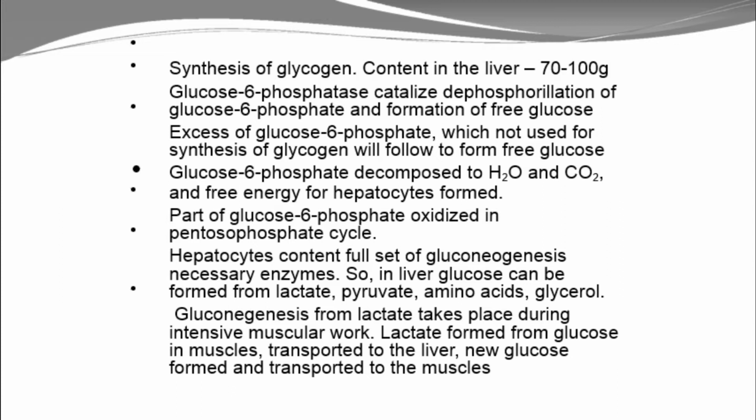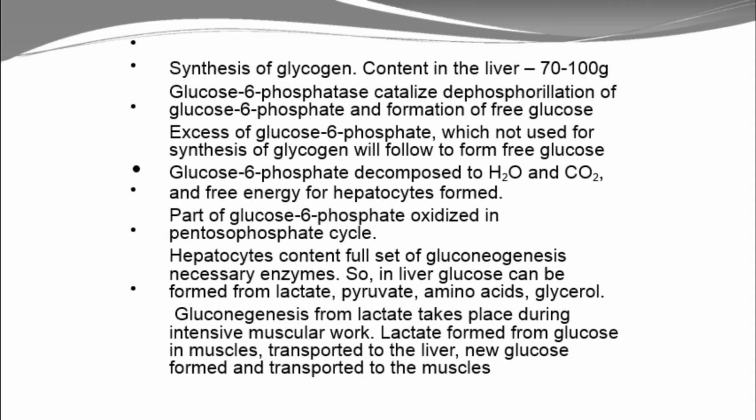When we are working very hard and our body has a high demand for glucose, gluconeogenesis is switched on, and the lactate formed in the muscles is transported to the liver so that new glucose can be formed and transported back to the muscles. So the liver plays a very important role in carbohydrate metabolism.